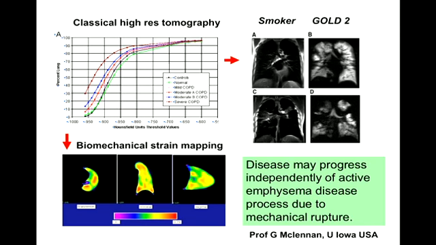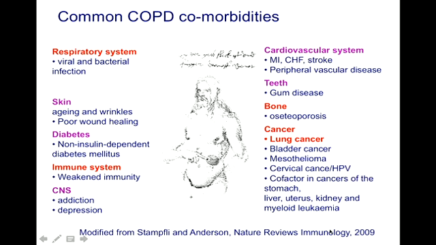So there'll be mechanisms which are molecular, but when the strength of the elastic fibres is lost, the lung tissue can simply rip physically, causing emphysema progression. And this, of course, is not tractable to a therapeutic intervention. This was proposed by the Australian Jeff McClellan, who died recently, a very wonderful person, and has now been proven to be true. There's a paper this week in the American Journal of Respiratory Disease.